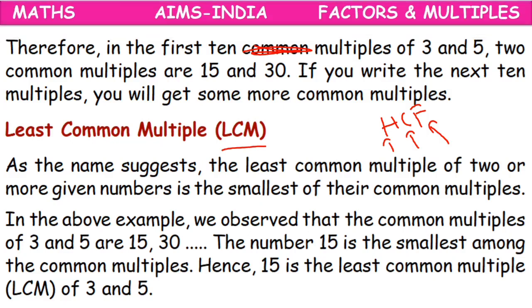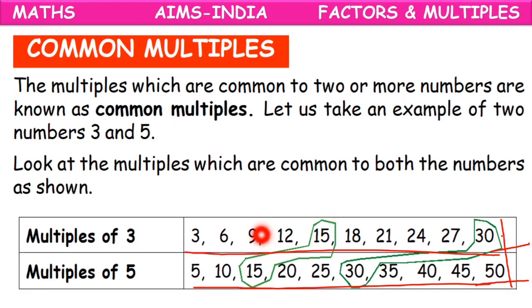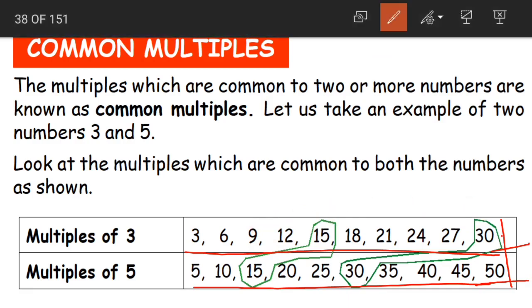Why the least? See, we are having two common multiples here, 15 and 30. So from this I can easily say that 15 is our least common multiple. That means it is the smallest of all the common multiples of 3 and 5.